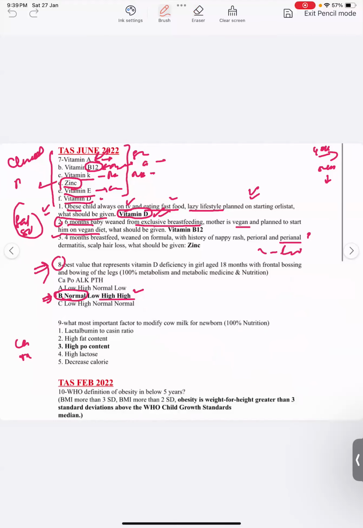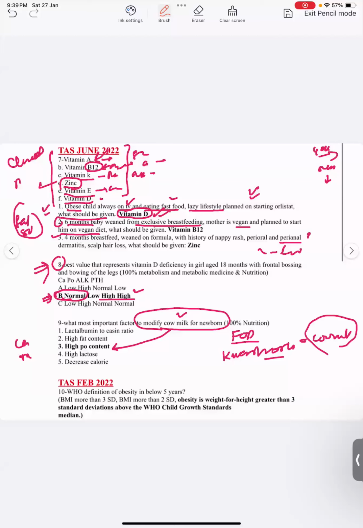So next is a question about the cow's milk protein in the newborn, where we have discussed that cow's milk protein has a high protein content. There was a question in your FOB examination where the child was having kwashiorkor. What is the treatment of choice? That was cow's milk. Why?